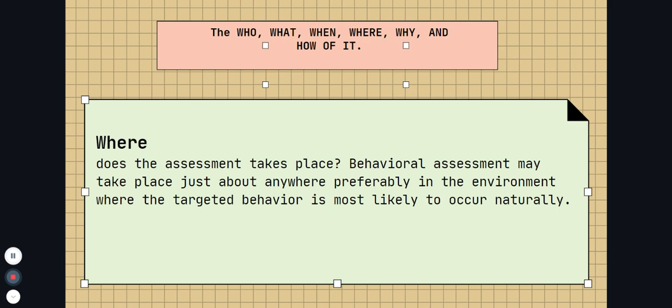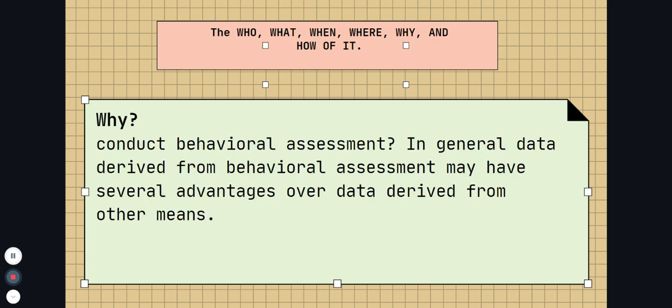Say for example, the child who fights with his classmate, so preferably the school is the place where the behavioral assessment is conducted, or that is the place where the assessment takes place. That is where the client performs the behavior.